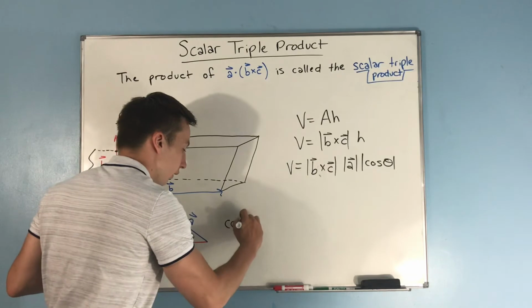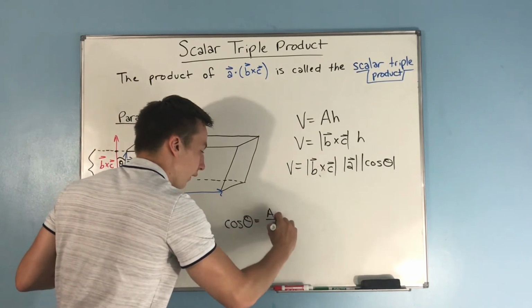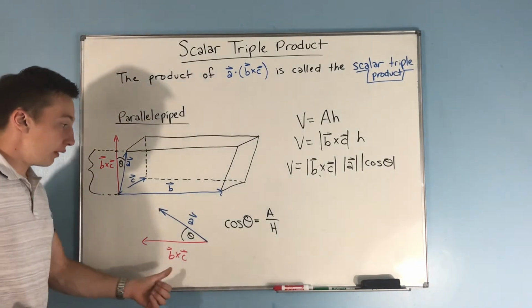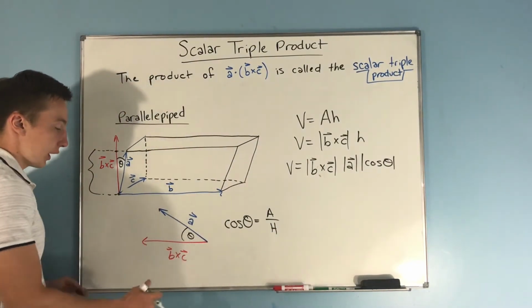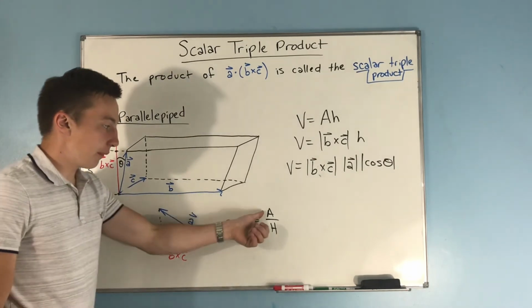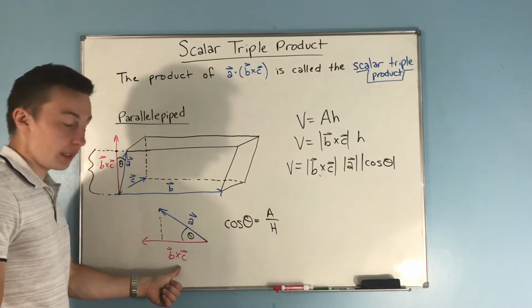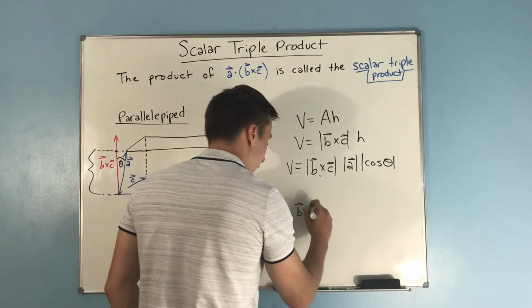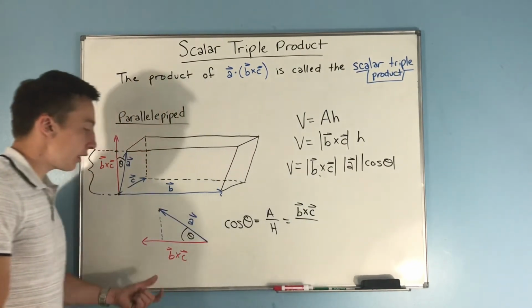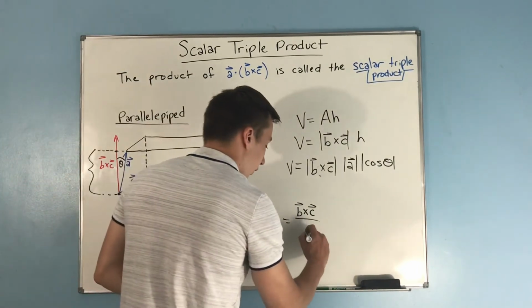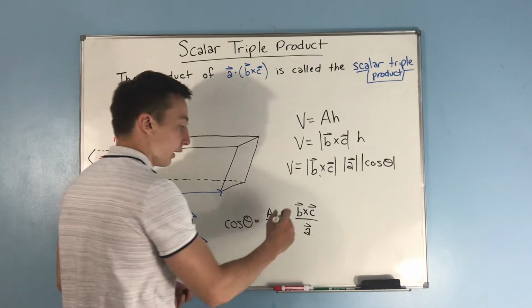Okay, cosine theta is equal to the adjacent side over the hypotenuse. Okay, and the adjacent side to this triangle, you can make a triangle here. The adjacent side is B cross C. Okay, so this is equal to B cross C, and that's going to be over your hypotenuse, which is your vector A. Now, we need to find the magnitude of these vectors.